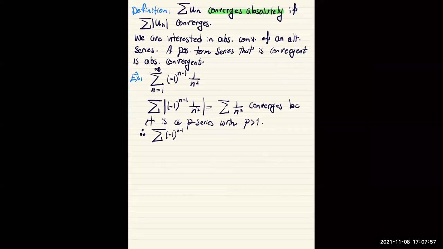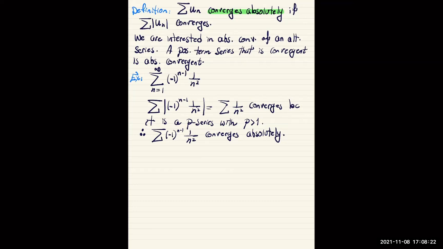So the first example that we did, the alternating series of 1 over n, that would be conditionally convergent. I haven't yet defined conditional convergence, but yes. If taking positive terms is convergent, then the series is absolutely convergent.